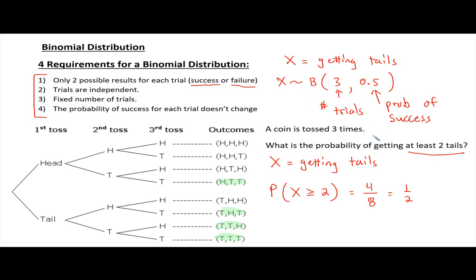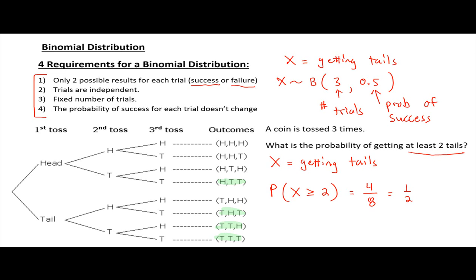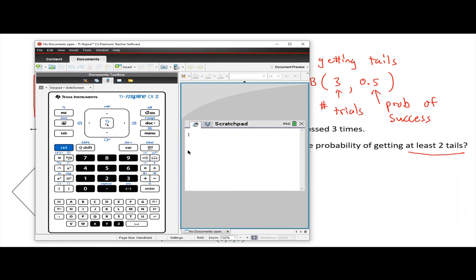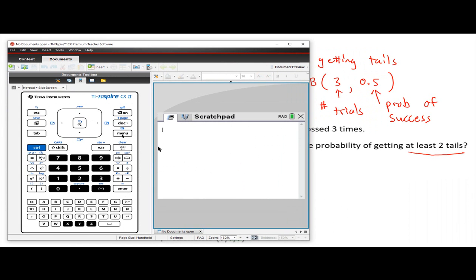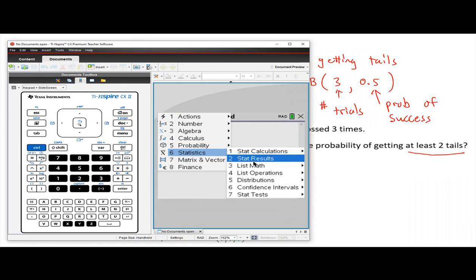So now we're going to do this using binomial distribution on the calculator. Let me erase this real quick. Let me pull up the calculator. So we would go to menu, statistics, distributions.